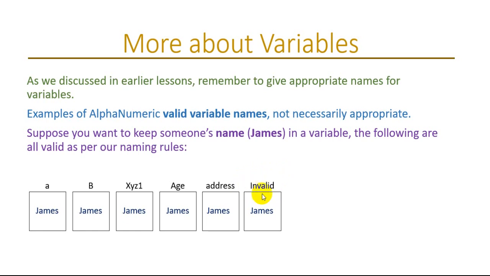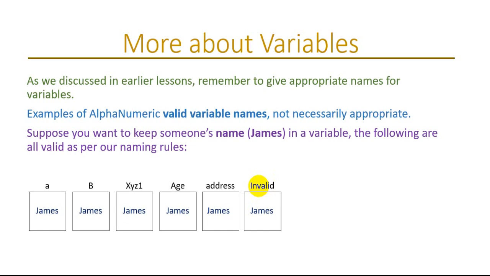This is a valid variable and we have put James. And since it's alphanumeric content, invalid in this case, even though the word sounds very bad, is a valid alphanumeric variable name. Some languages may not allow this because it's a reserved word. That's a different matter.